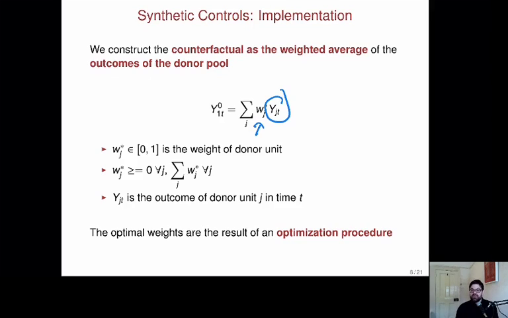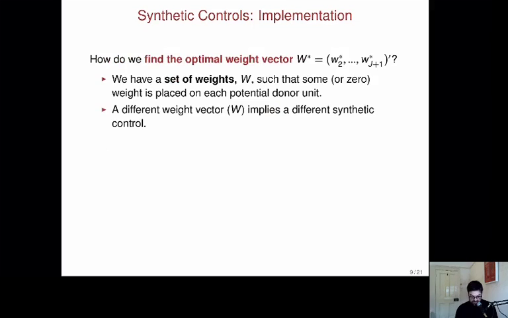And the question is, where do those weights come from? When it comes to synthetic controls, and actually also when it comes to any matching procedure, these weights are determined by an algorithm in an optimization procedure.